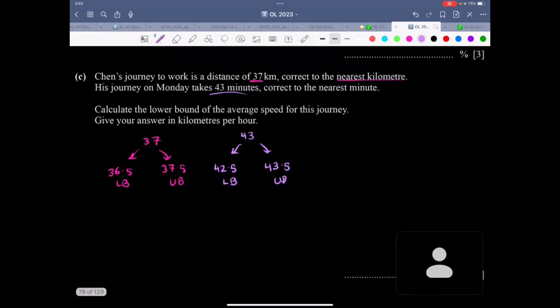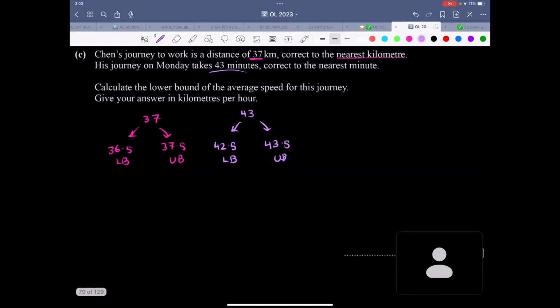Now it says calculate the lower bound for the average speed for this journey. Give your answer in kilometers per hour. So this is kilometers. This is minutes. We will convert minutes to hours once we have decided on which value to use.